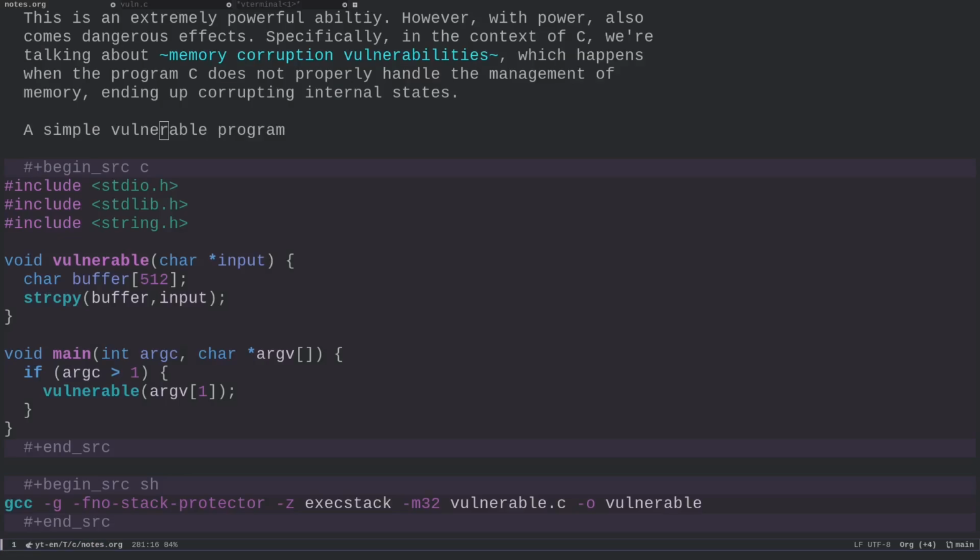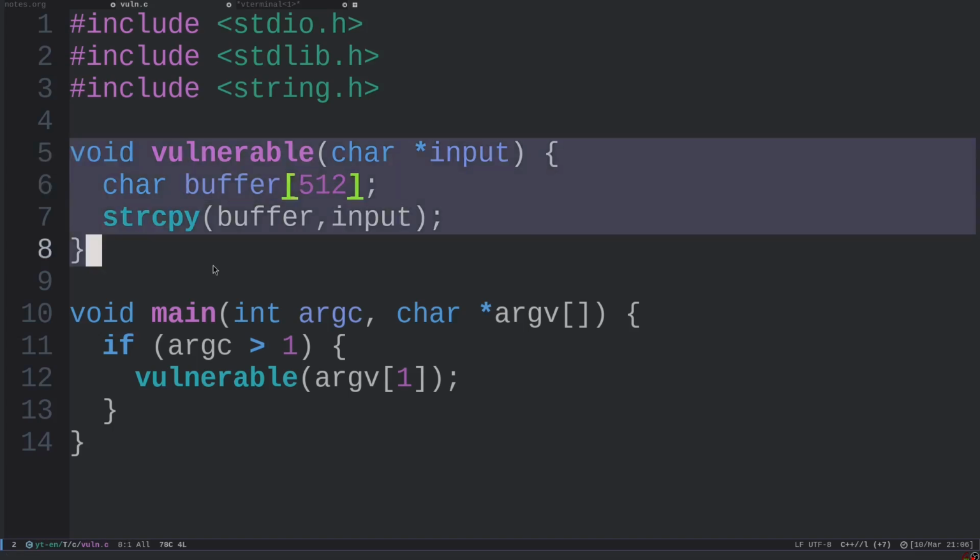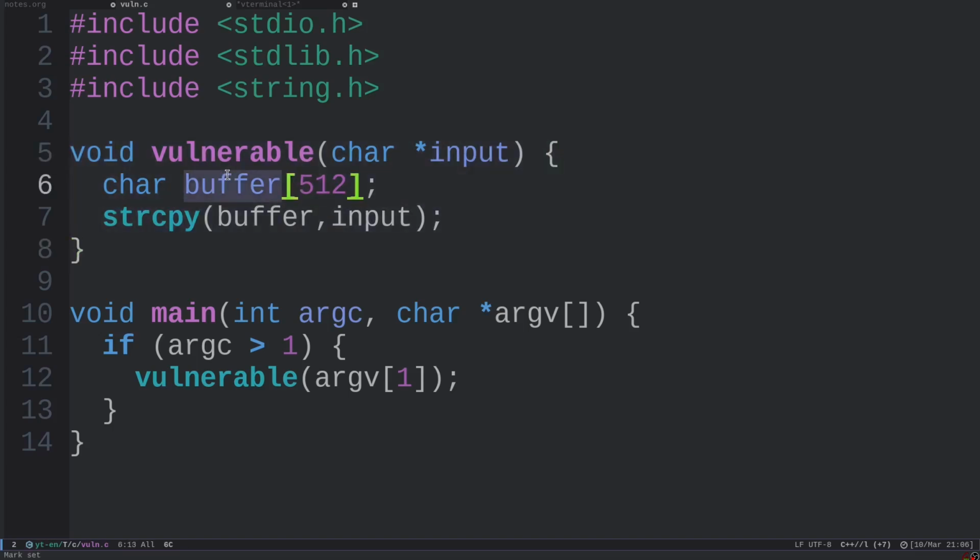And with respect to why this program is vulnerable, it is because it copies the user input buffer into a local buffer, but there is no check to make sure that the user input buffer is less than or equal to the destination buffer. Specifically, in this vulnerable function, I define a buffer of 512 bytes. I copy the entire user input, which I get from the command line.